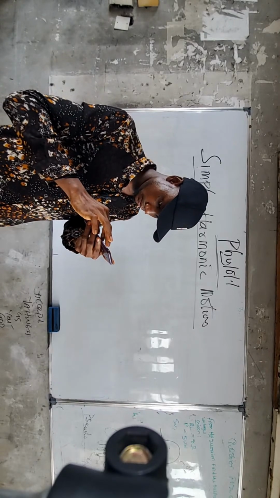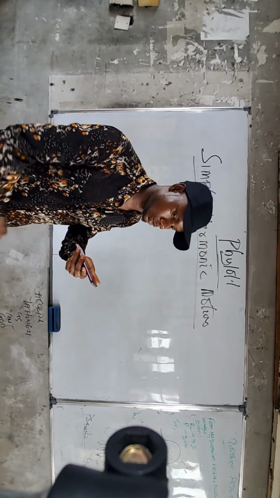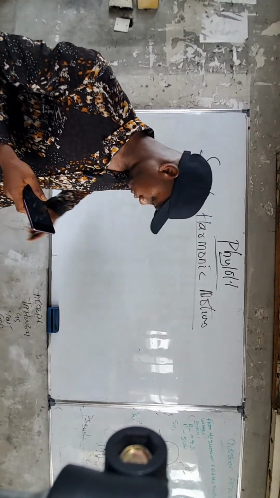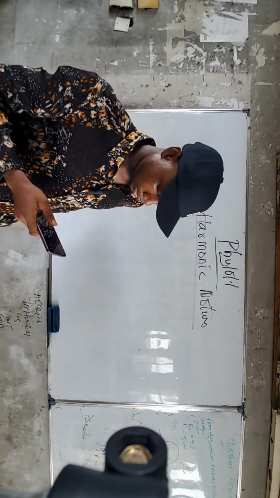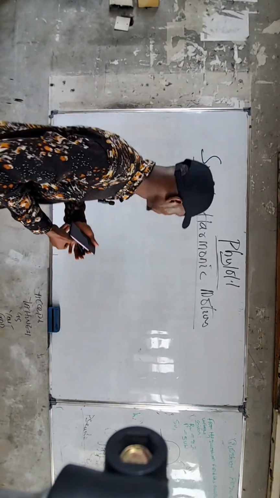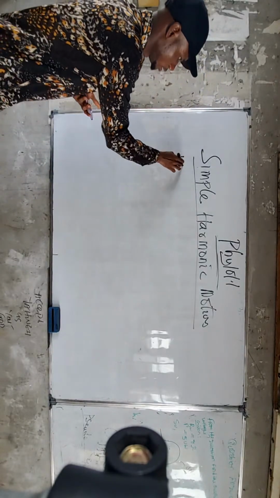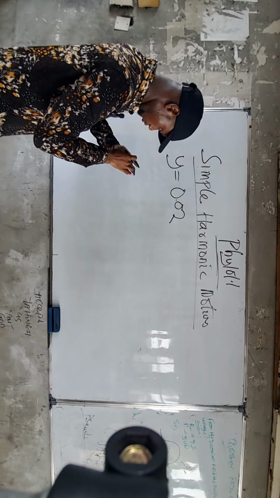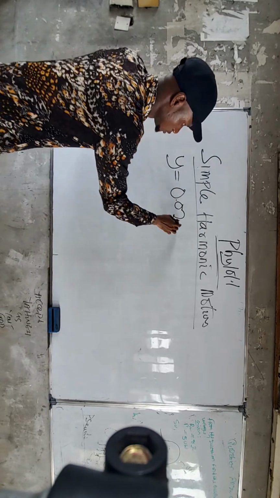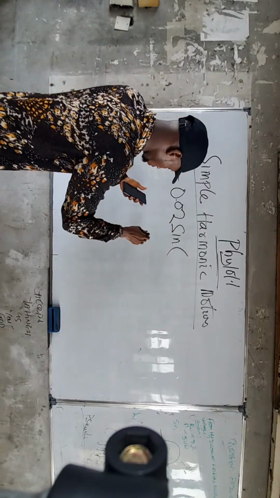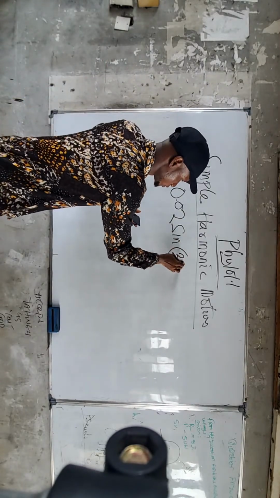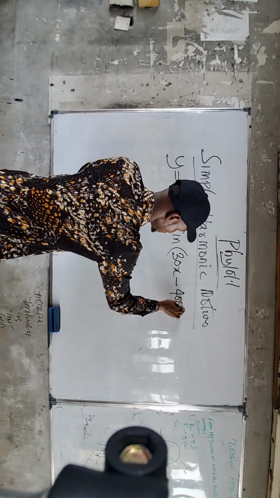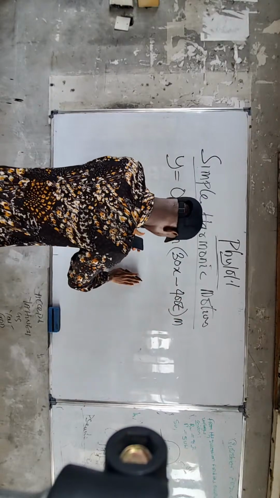Let's solve this, please. Let me write the question up. If y is equal to 0.02 sine into (30x minus 400t), in meters.